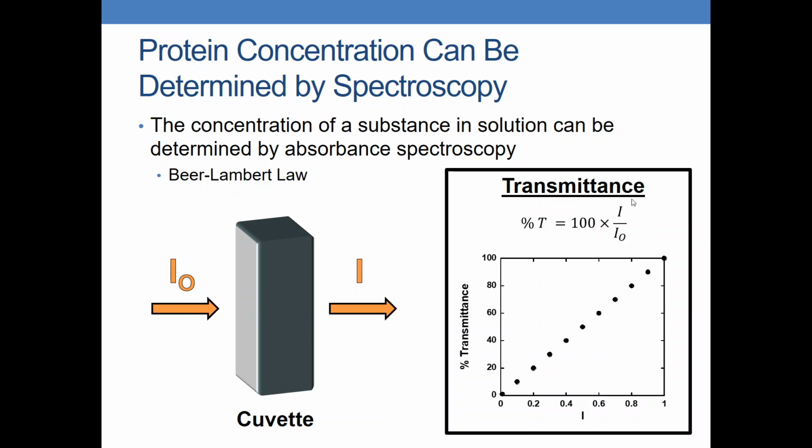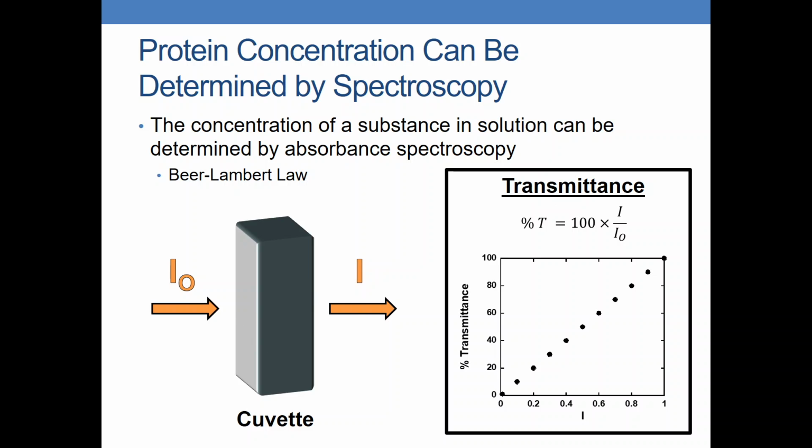You can see this quantified over here. It's simply the ratio of the intensity of light coming out versus going in, and it is expressed as a percent. So we have the percentage of light that is transmitted.